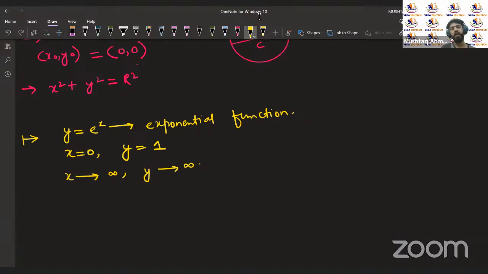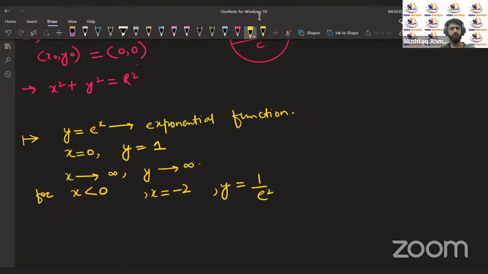And even for x less than 0, if we take negative values of x, suppose x is equal to -2 or -3, let's take x equal to -2, the value of y will be 1 upon e to the power 2, right?